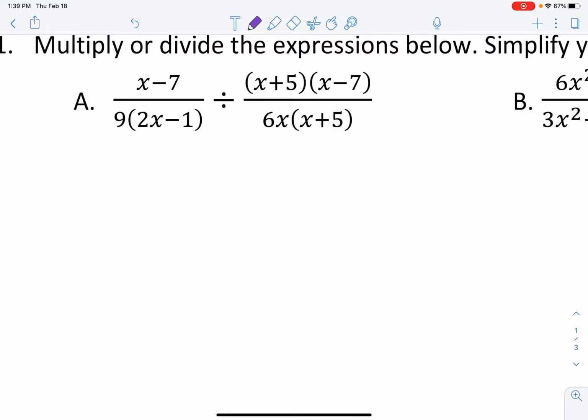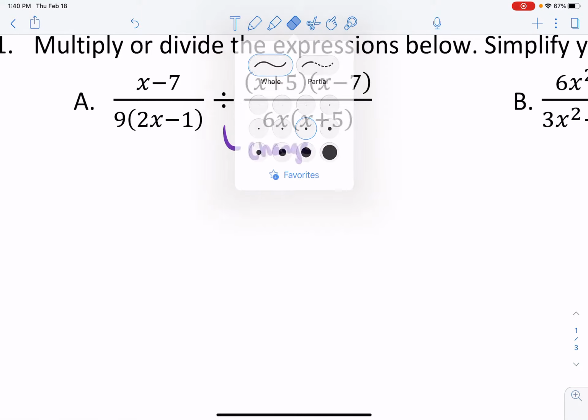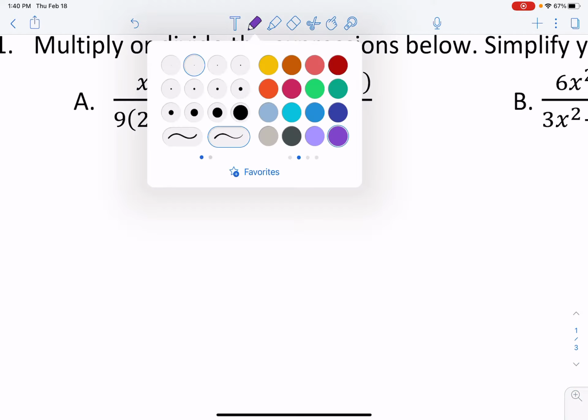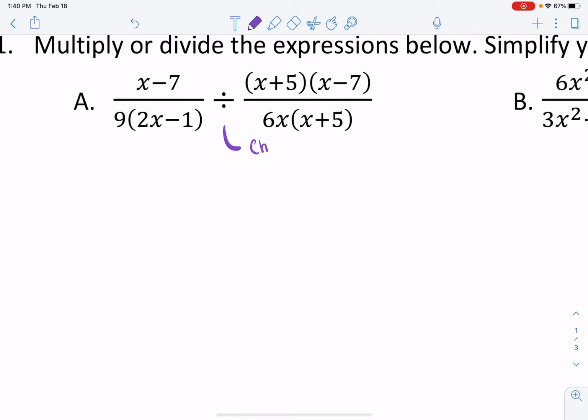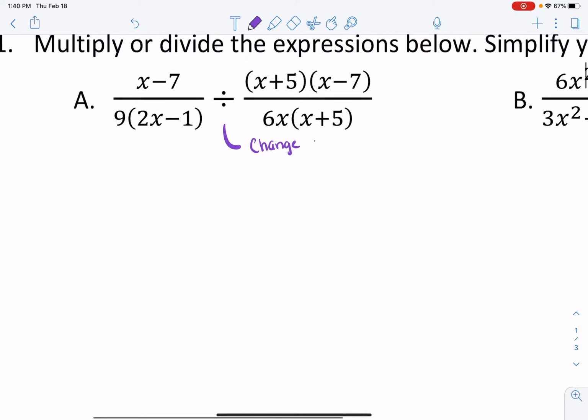When you see that division sign, what that tells me first is that we want to change division into multiplication of the reciprocal.